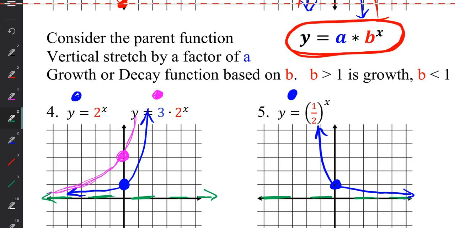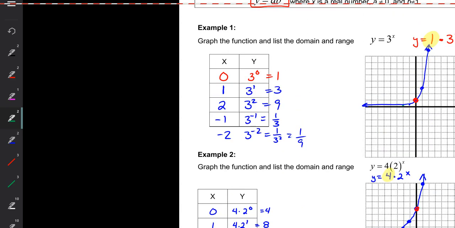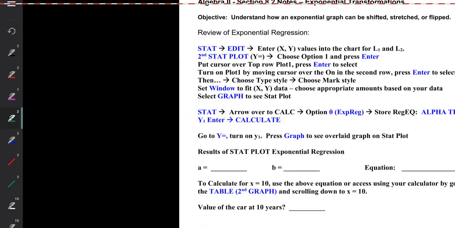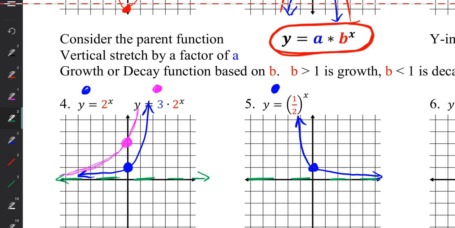I know back in section 1 we plotted points. I was just trying to give you a broad framework of what decay and growth look like. Today, we're not focusing on plotting points. We're focusing on shifting, sliding, flipping. That's all we're focused on.